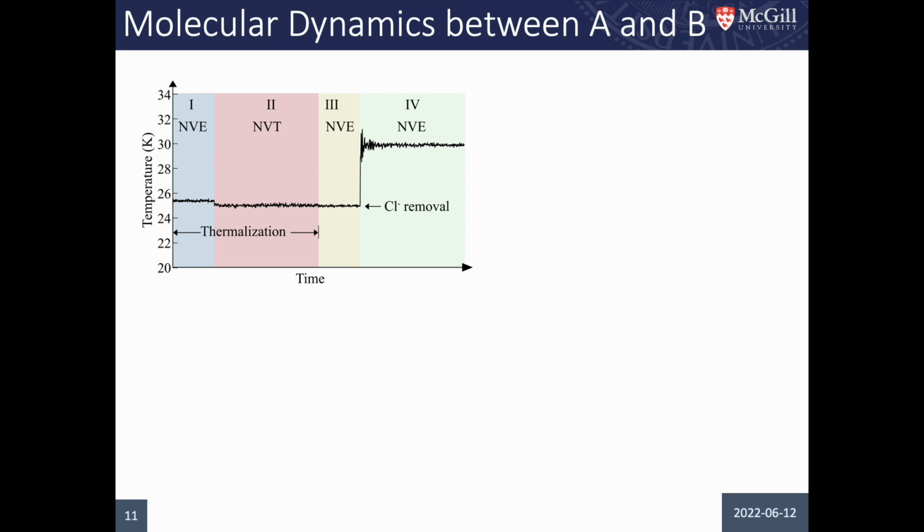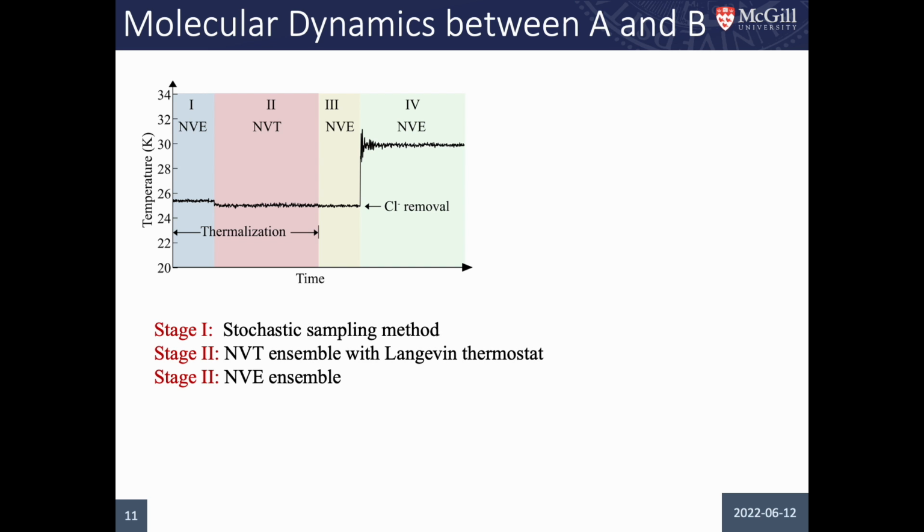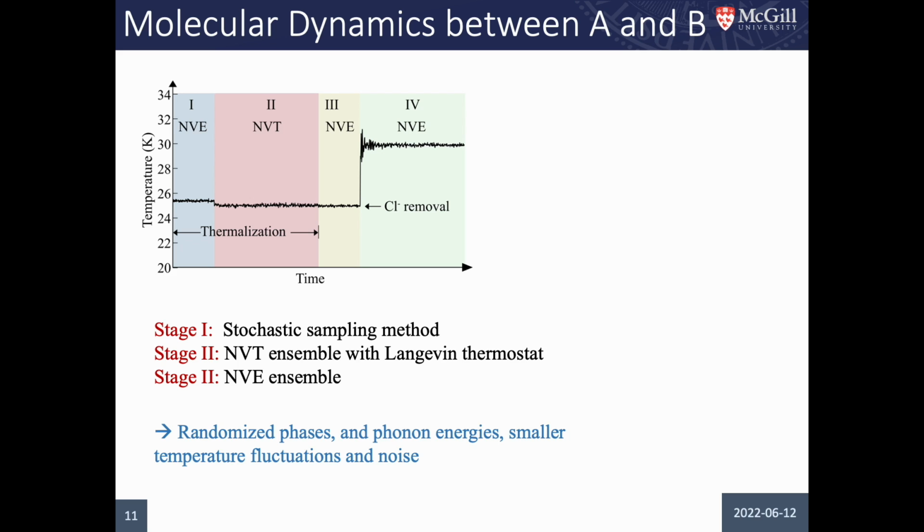The molecular dynamics calculations are separated into 4 stages. The first 3 stages are used to prepare the system to a target lattice temperature. I will skip the details in this talk, but the goal for these 3 stages is to carefully prepare the system, with randomized phases and phonon energies, and smaller temperature fluctuations and noise.